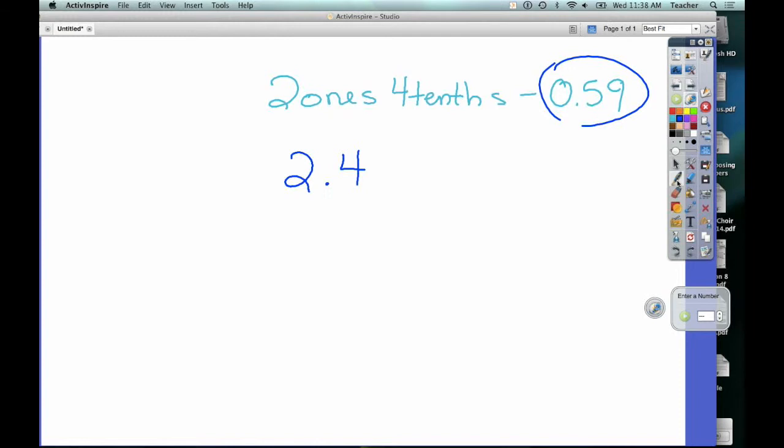Okay, so 900ths would go in which place? The hundredths. But what's something that might make this a whole lot easier for us? As long as we remember to do this, what do we always have to remember to do? We put the 0 under the 2 and put the decimal. And then we put the 5 under the 4 and the 9.